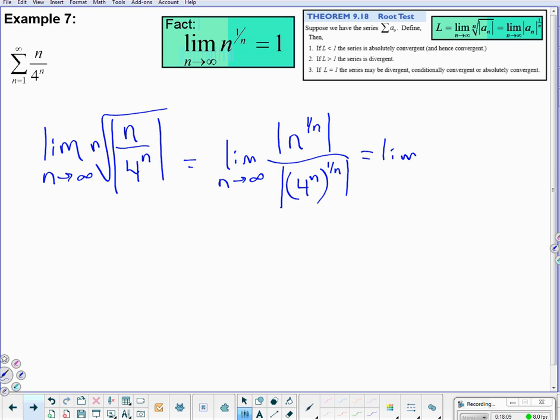That's like having n to the 1 over n. That's like saying n to the 0, isn't it? If I let this go to infinity, I'm going to have infinity to the 0, which is 1. And then 4 to the n times 1 over n will simply be 4. And we get a 1/4 limit. That's less than 1. Therefore, we are absolutely convergent by the root test.